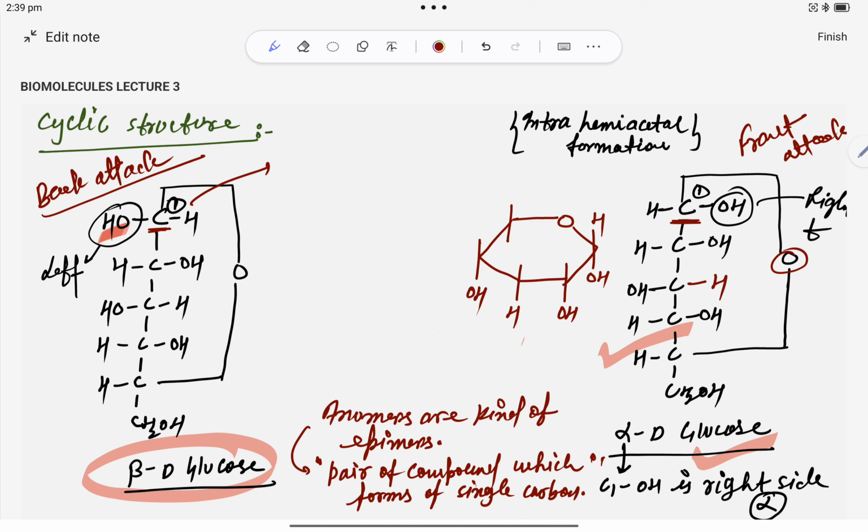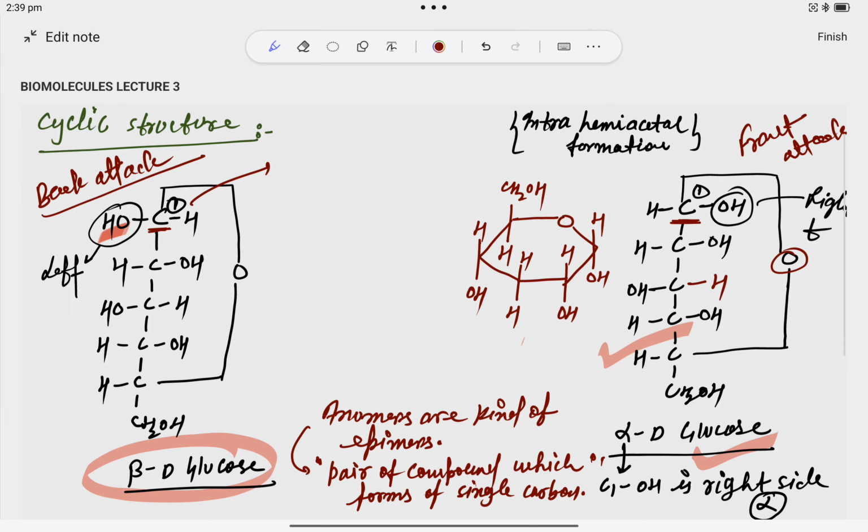Then here the big group, CH2OH, and one hydrogen. Okay, remaining hydrogen. That is the Haworth structure of glucose.